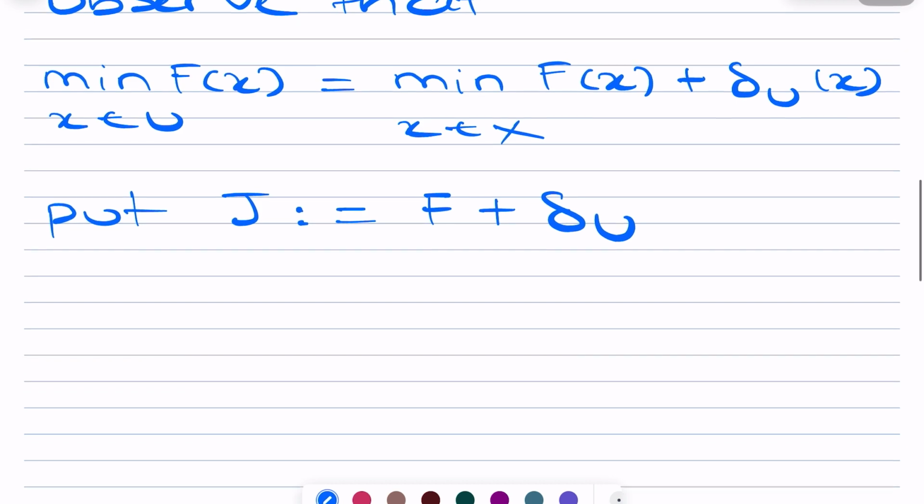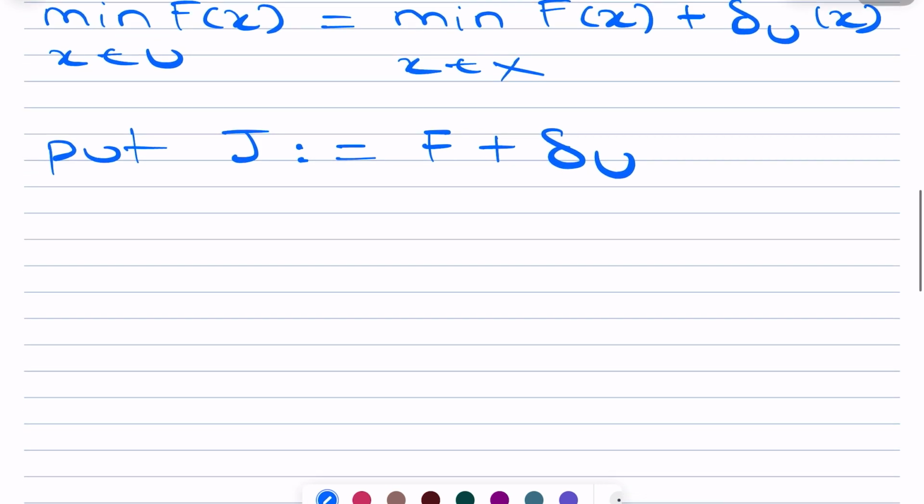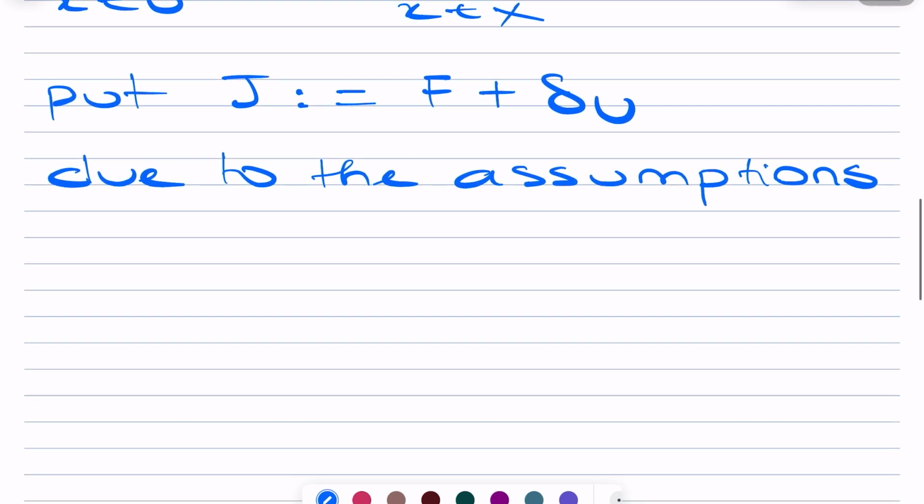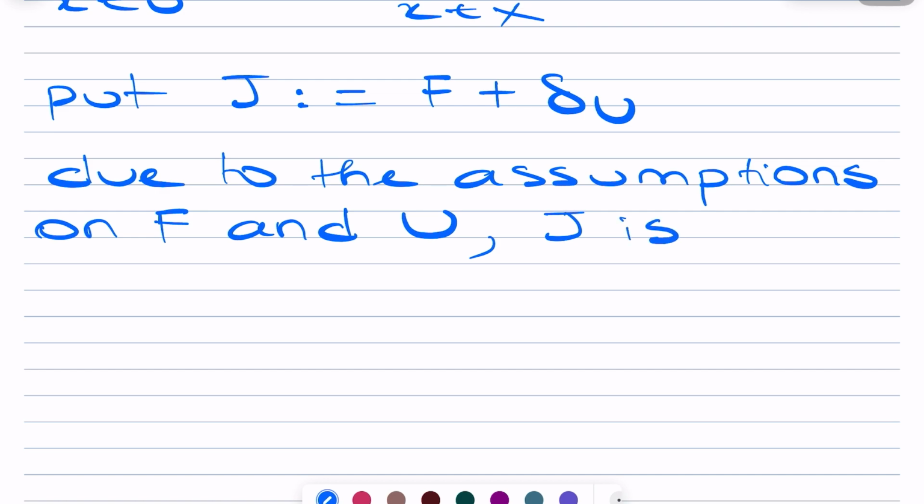Now, due to the assumptions that we have on our function F and U, we can conclude that our extended functional J is convex, as a sum of two convex functions.